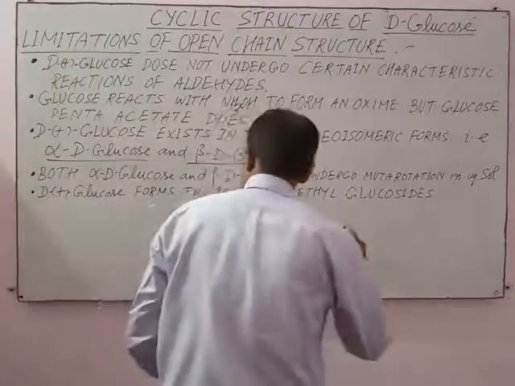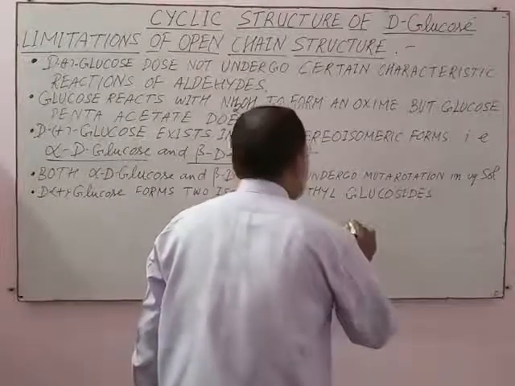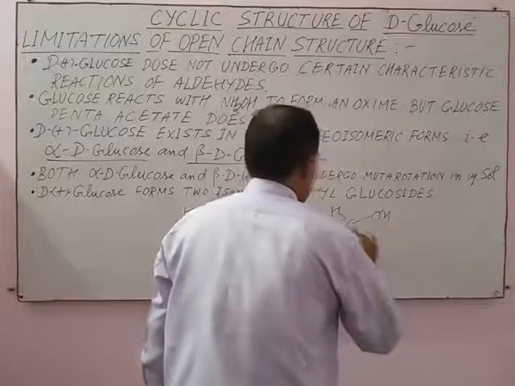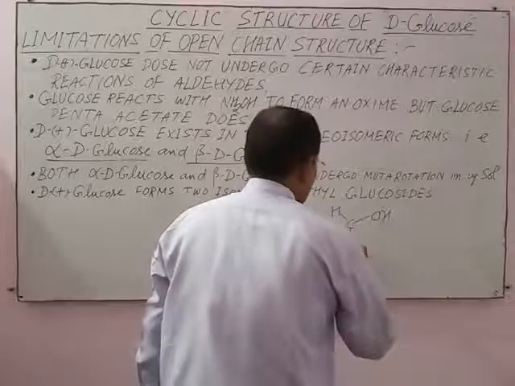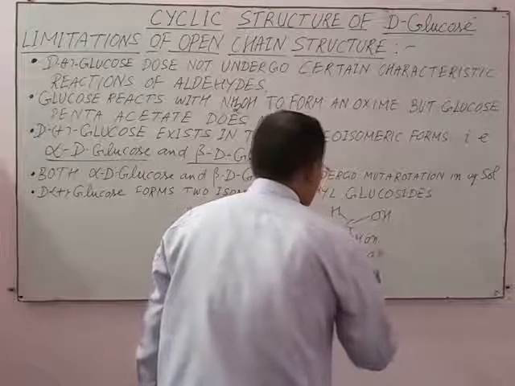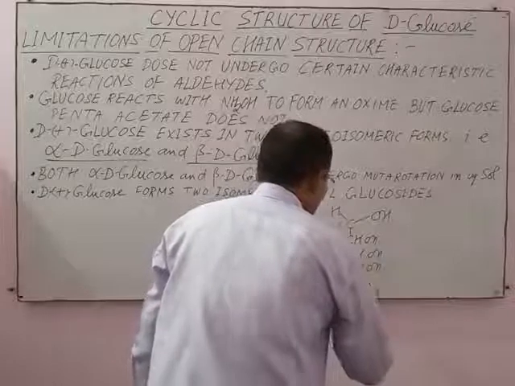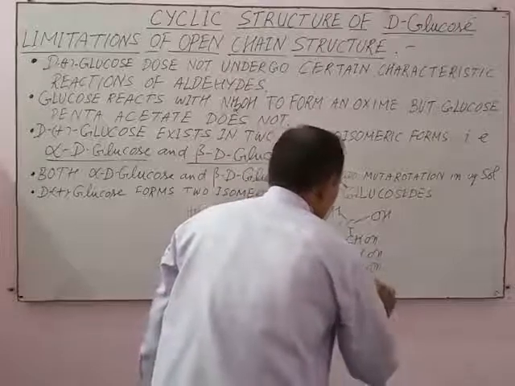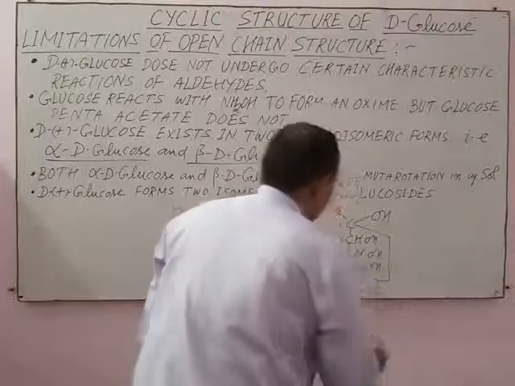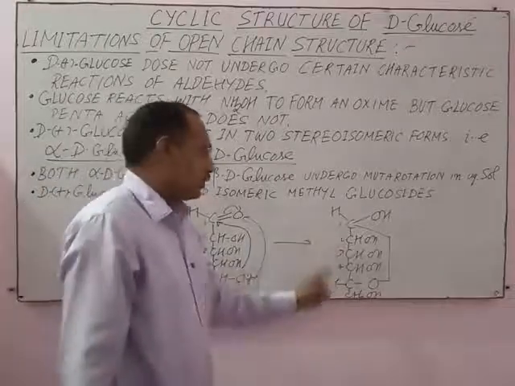and glucose forms a hemiacetal structure, CH, OH, CHOH, CHOH, CHOH, 1, 2, 3, 4, CH2OH. This is the cyclic hemiacetal form of glucose.